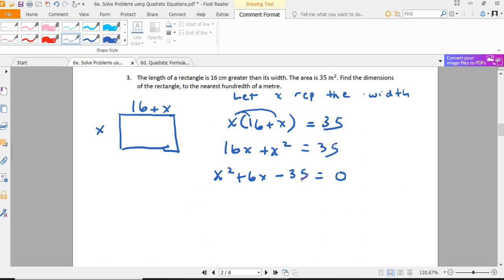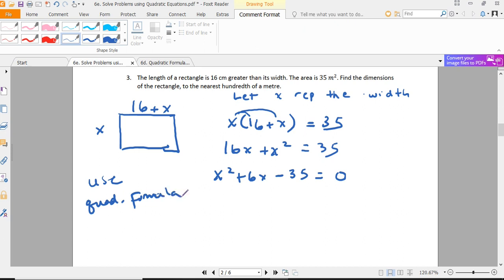Okay, and then we can look at this and go, oh, this could be simple factoring. Two numbers that multiply to give me 35, but at the same time add to give me 16. 7 times 5? No. How about... No, I can't think of anything. So if that's the case, use the quadratic formula.